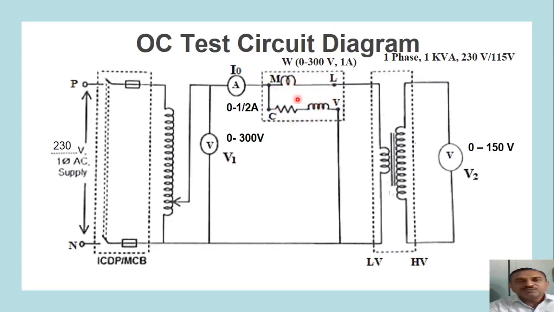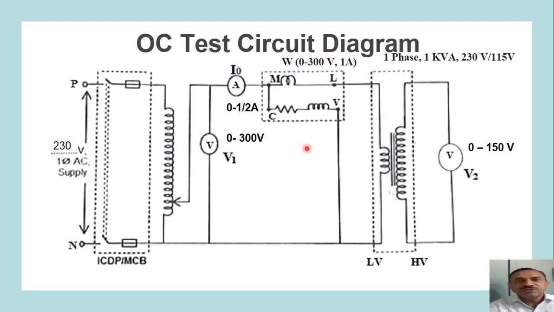So if it is more than 1, then we have to multiply the readings of this wattmeter by that multiplying factor, which may be 2 or 4 in some cases, and that should be our final reading to be written in the observation table, which we'll discuss afterwards.